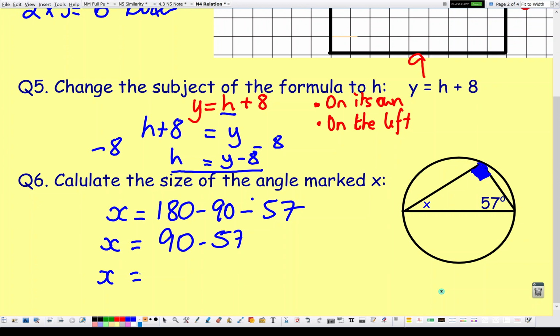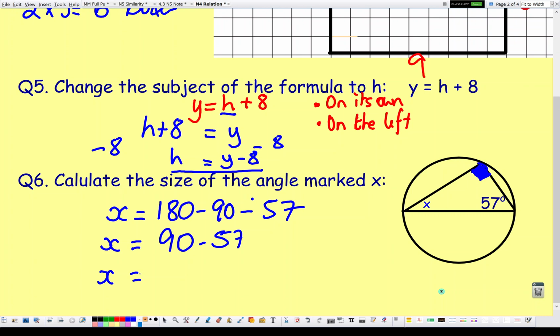So write down your answer, please. And I would like to see some of us trying this non-calculator.